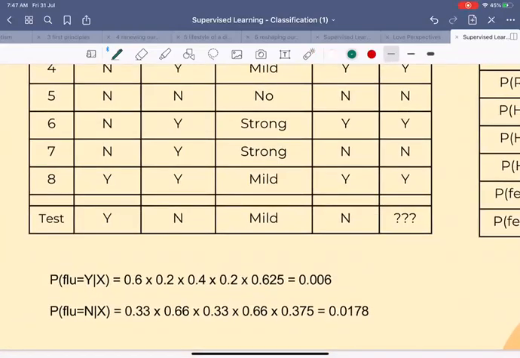probability of chills is equal to yes given they have flu. I'm not writing the flu part.